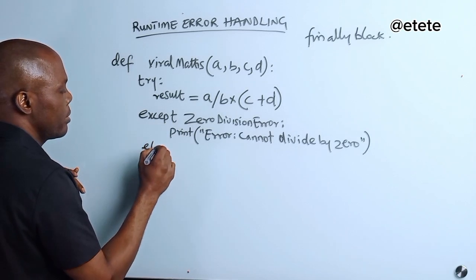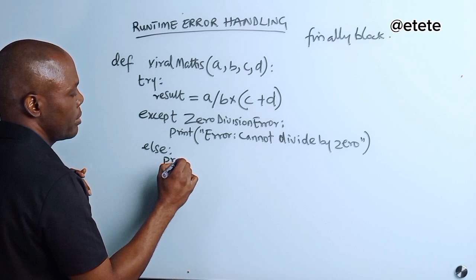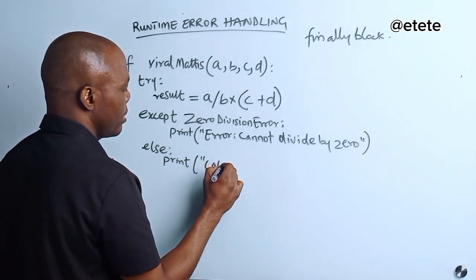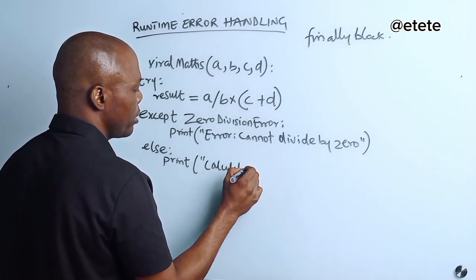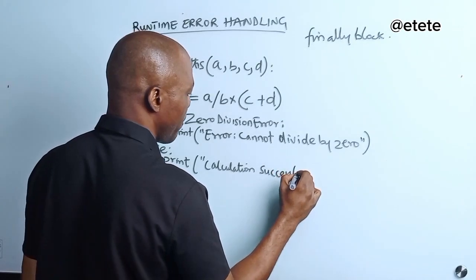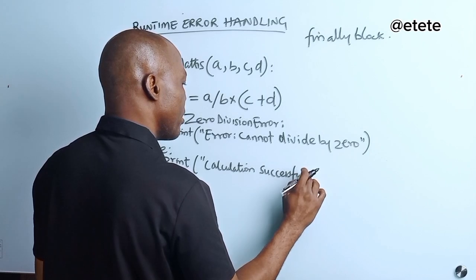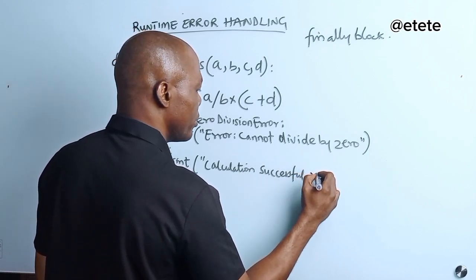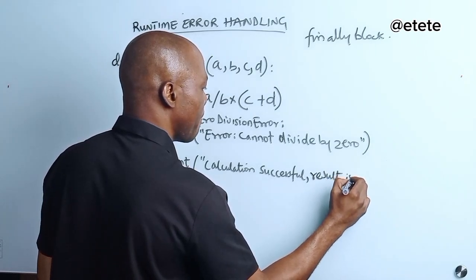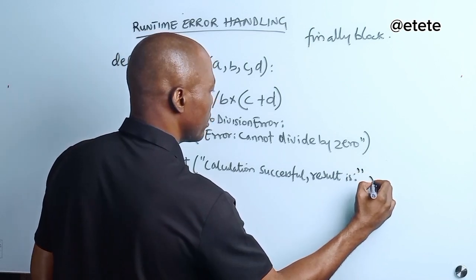Else, print calculation successful, result is, then close this one, result.